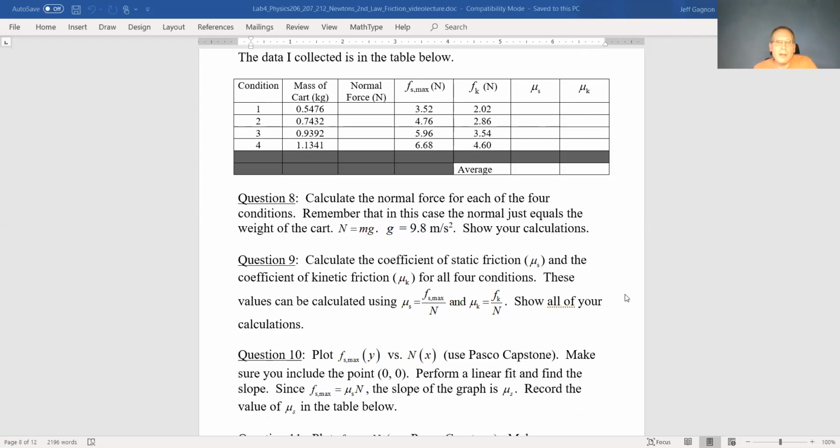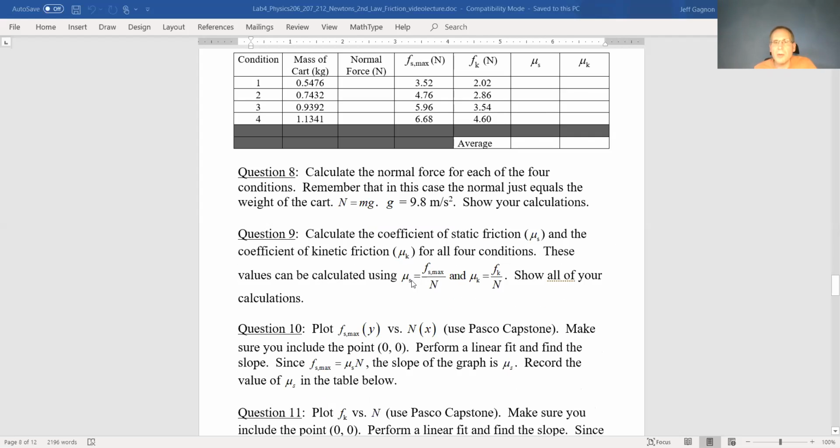Another way that we can get the coefficient of static friction and kinetic friction is we can plot, right? So we can plot Fs max versus normal force, which means normal force is going to be X and Fs max will be Y. Make sure you also include 0, 0. In theory, from the equation, we know Fs max should equal mu s times N. It should be linear, right?